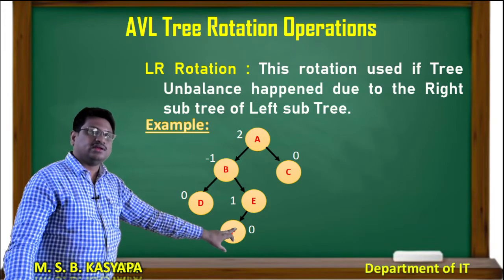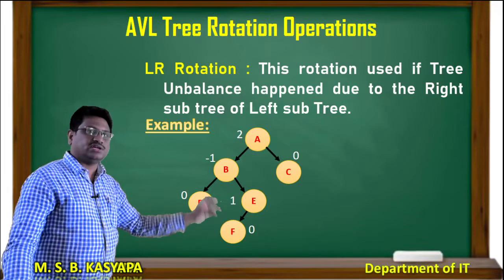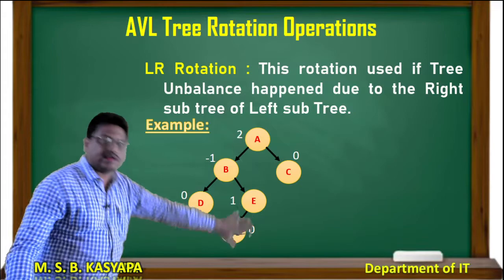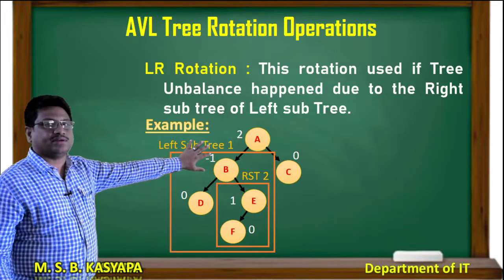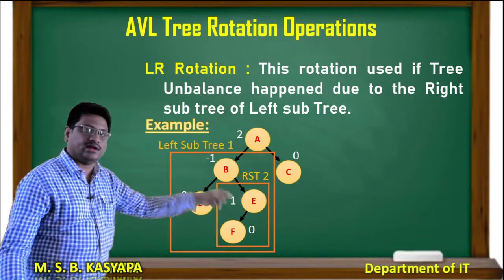So it happened because of the right subtree of the left, am I right? So, right subtree of left subtree. So LR rotation. So first left then right, LR rotation.